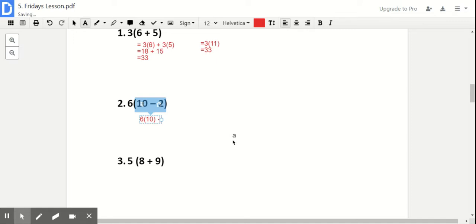So it should be 6 times 10 minus 6 times 12. I mean, 6 times 2, sorry. Right? So once we get through that, now we're going to be solving for what each of these values are, and then we'll be subtracting them in the end. So 6 times 10 is 60 minus 6 times 2, which is 12. My final answer is 48.